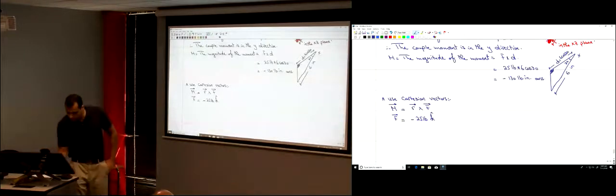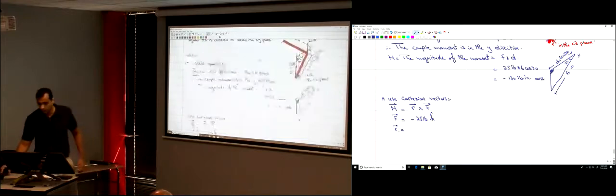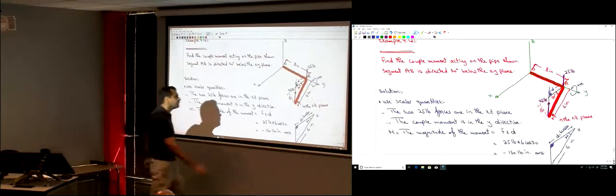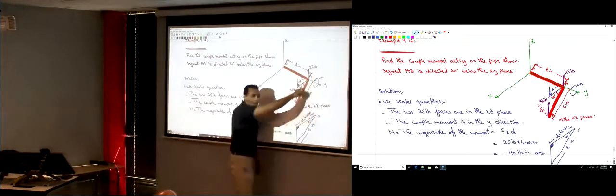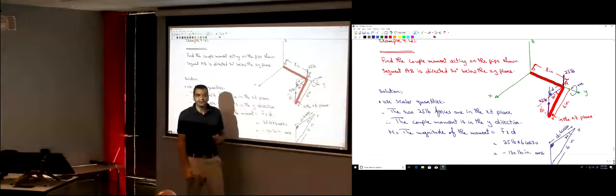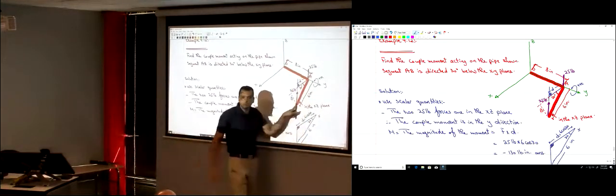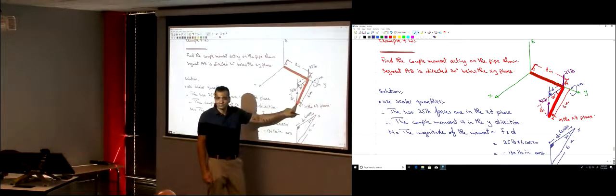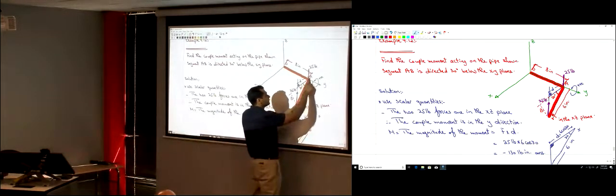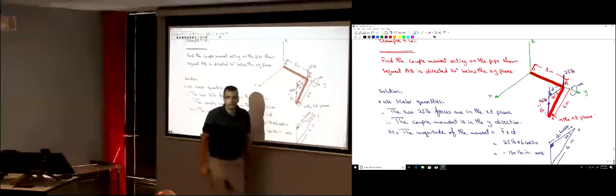What about R? What's R? So now, you said I'm going to use this force. R should be the distance from this force to the force that you said you're going to use. So this is R. Okay?